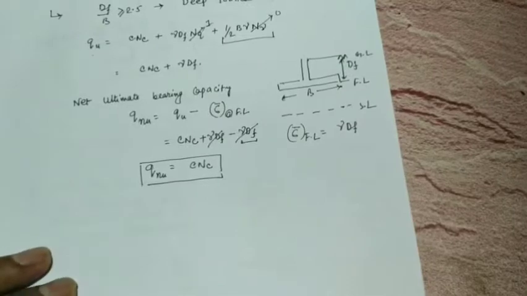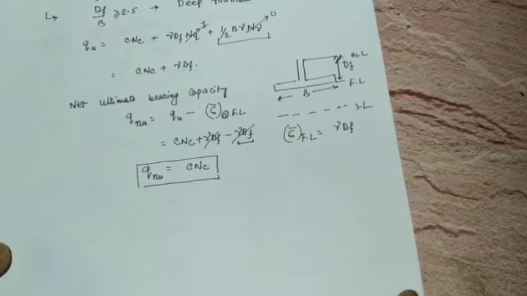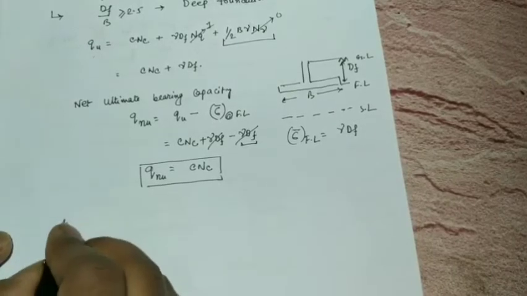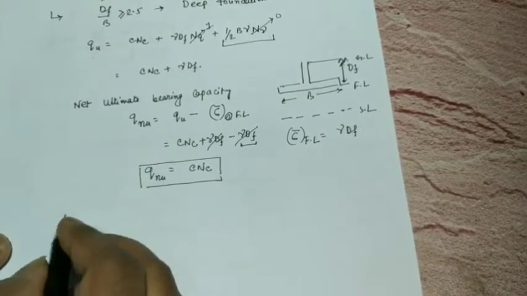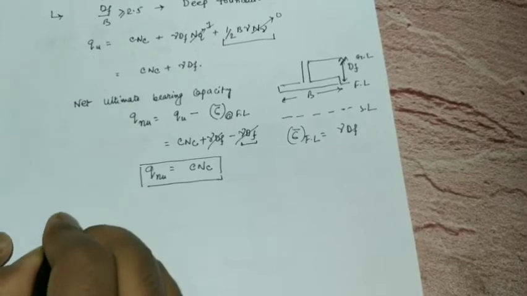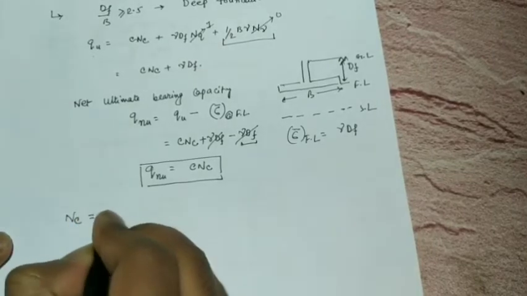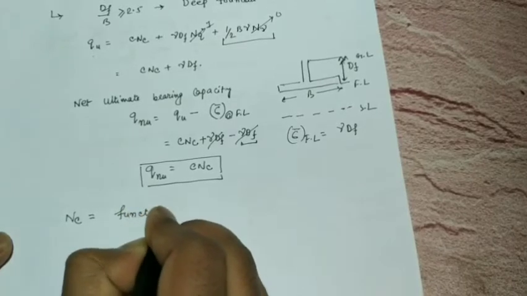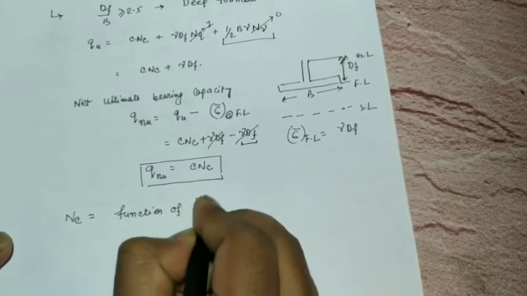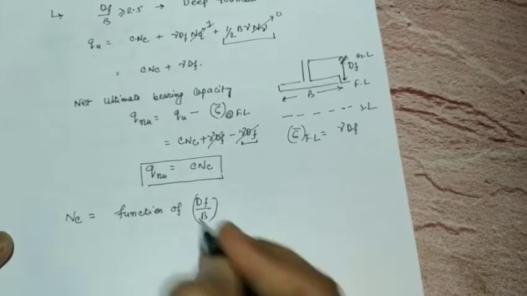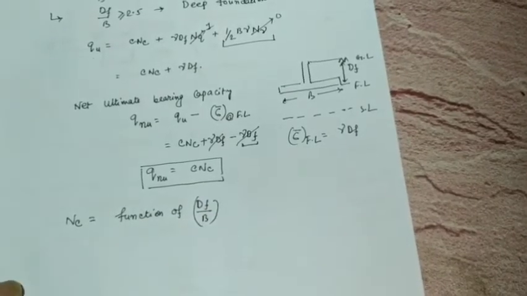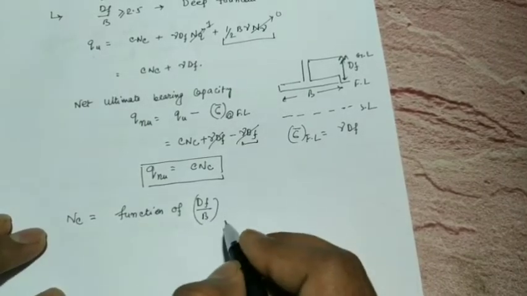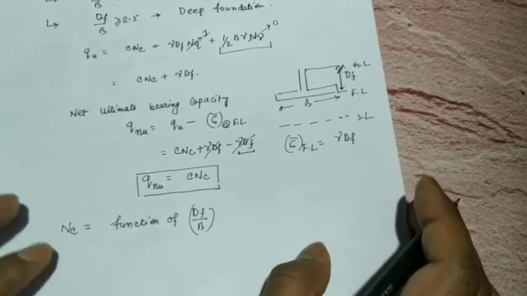Now Skempton describes Nc as a function of the D by B ratio. So as per Skempton, Nc is a function of the D by B ratio, that means a function of the shape of footing.